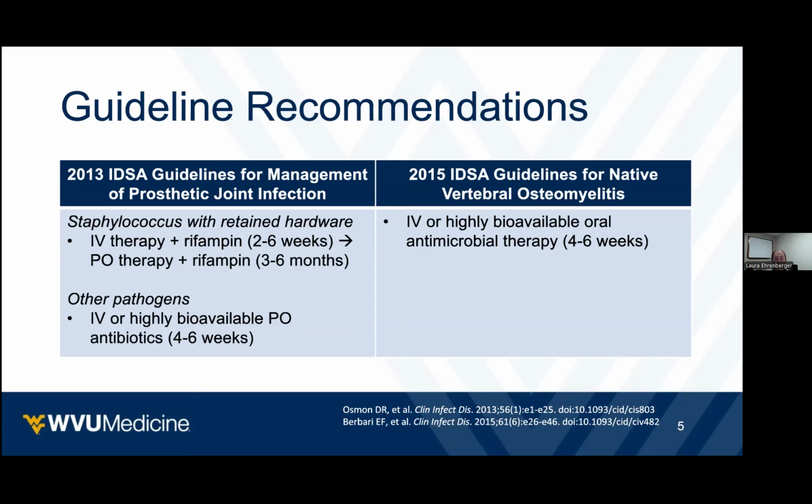For other pathogens, it does say that you could do IV or highly bioavailable oral antibiotics for a 4 to 6 week duration. Similarly, the 2015 IDSA guidelines for native vertebral osteomyelitis also note that highly bioavailable oral antimicrobial therapy is an option for extended duration. So as you can see, both guidelines do mention the use of oral antimicrobial therapy.